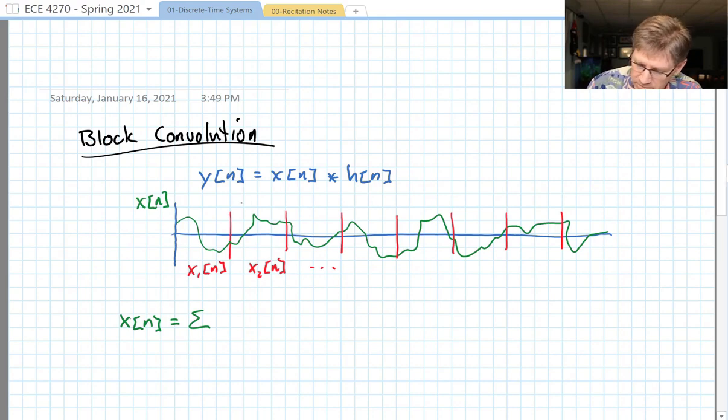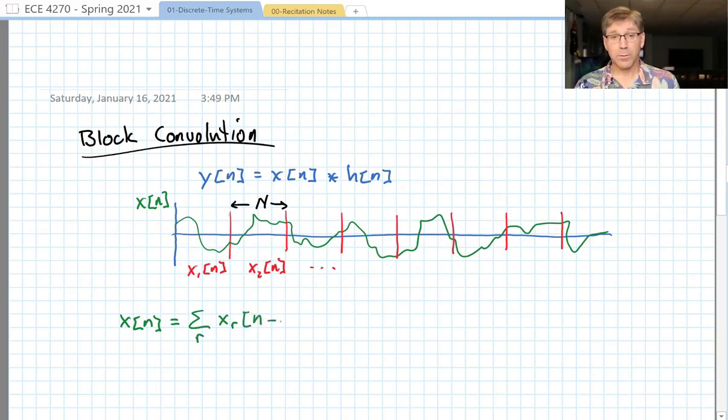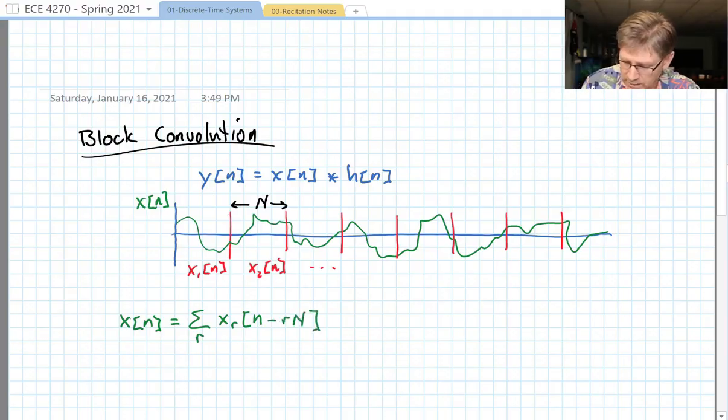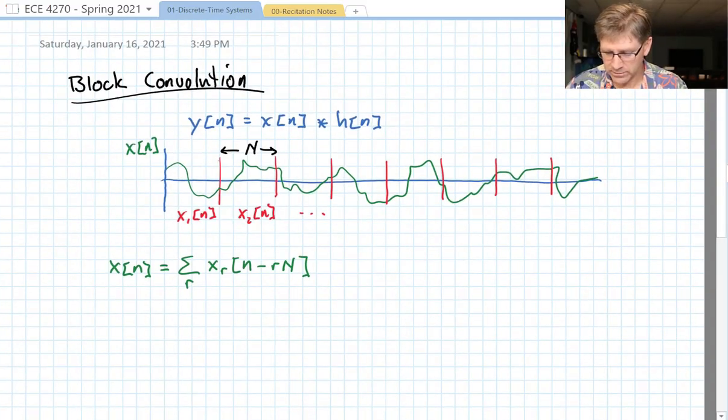First, I should define the length of one of these chunks as capital N. So with this definition, we will sum over r, x sub r, depending on how we end up doing it. But if we're not careful, they'll all pop on top of each other, so we have to take into account that each one is shifted by N samples. Maybe I should have started at 0, but it doesn't really matter as long as we're consistent here.